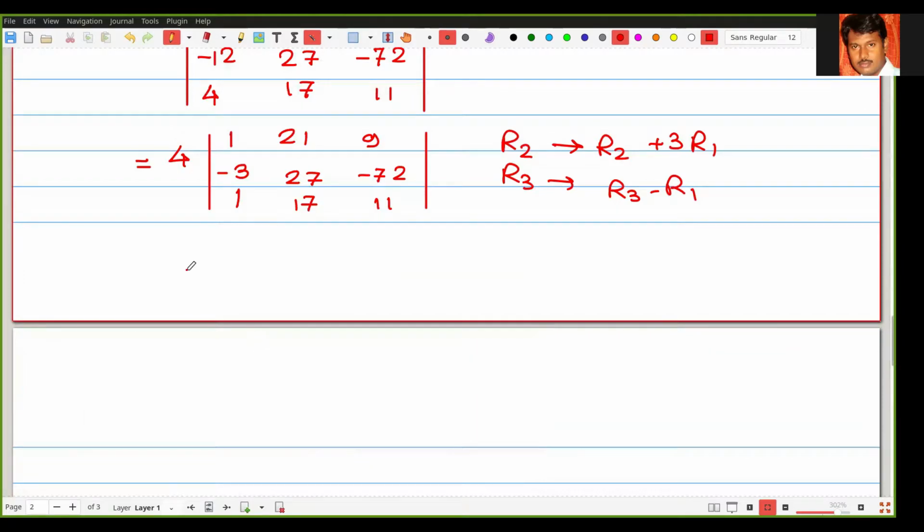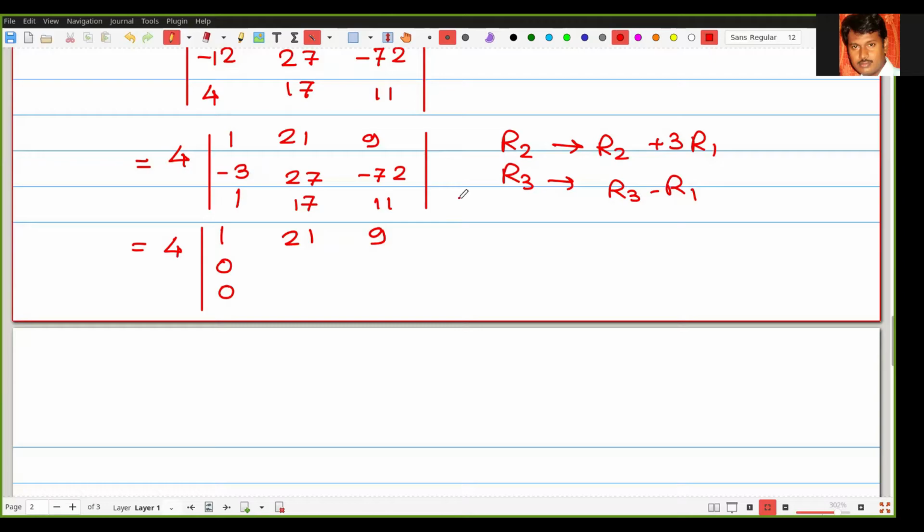After the operation, we are getting 4 into the determinant, where R3 is R3 minus R1. Practically, we are changing row 2 and row 3. The first row remains the same.